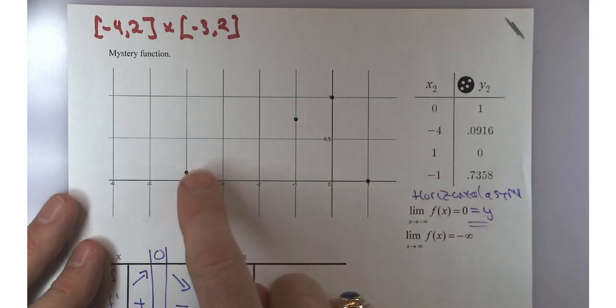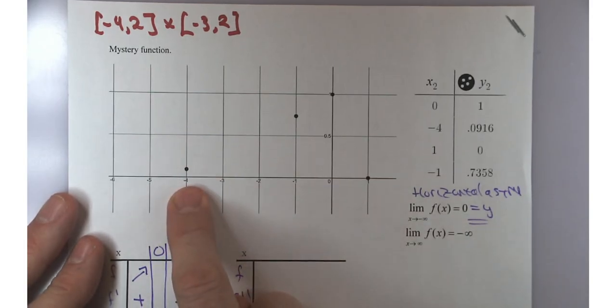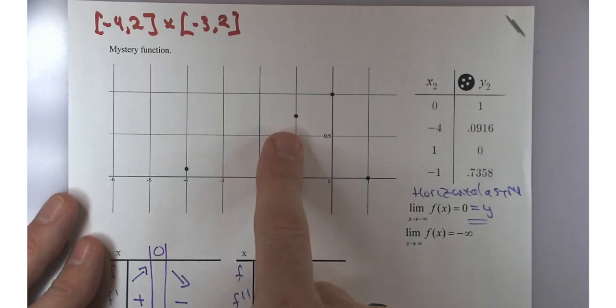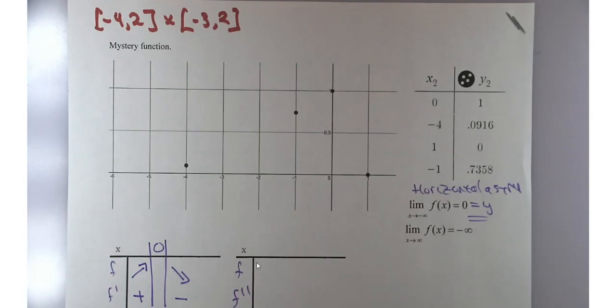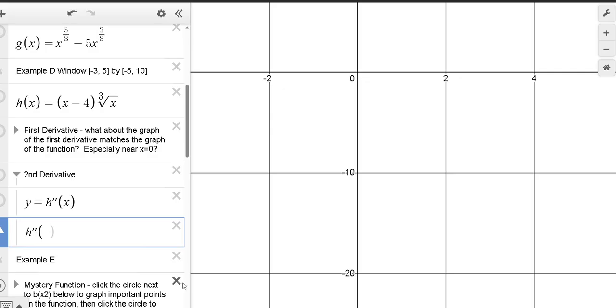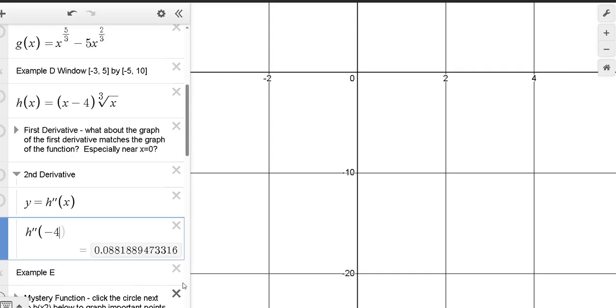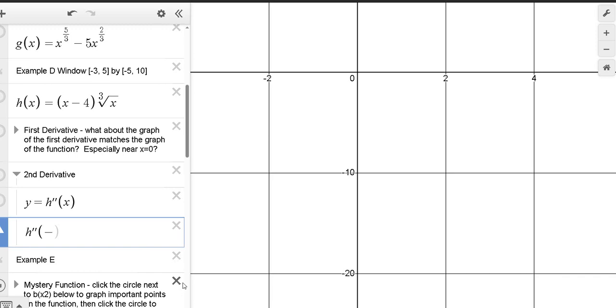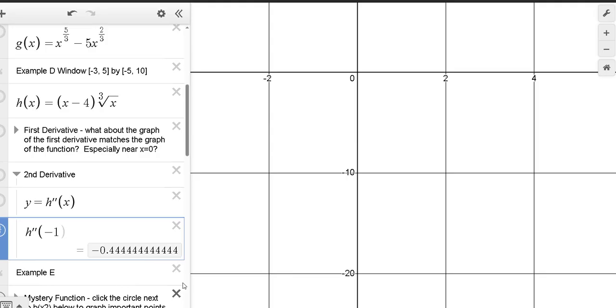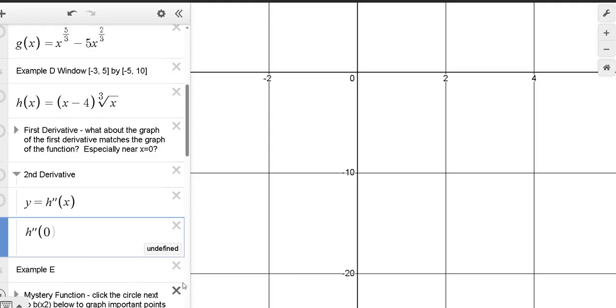Let's test at -3. No, is it -4? Yeah, -4, -1, and 0. Let's test h double prime at those points. So h double prime of -4. Oh, it's positive. Okay. How about at -1? Then it's negative. And how about at 0? Undefined there.